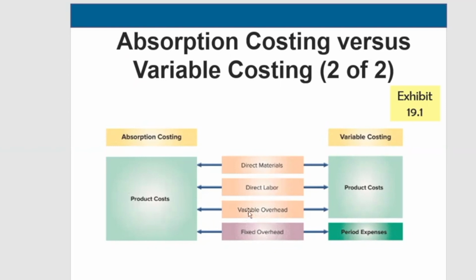Now, we're going to start dividing our overhead into two different categories. Variable overhead are things that vary with the production level. In other words, the more products we make, the more costly this is. Heating and air conditioning, electricity to run the plant.